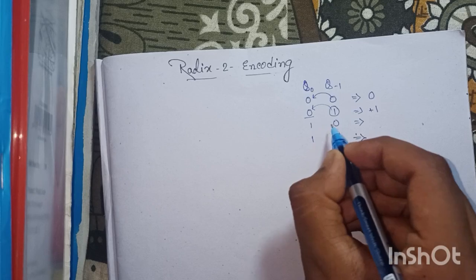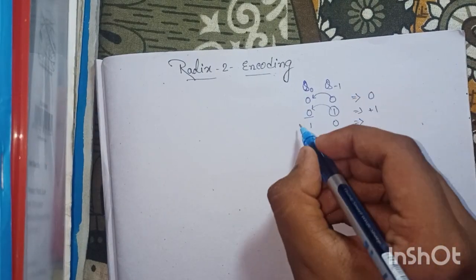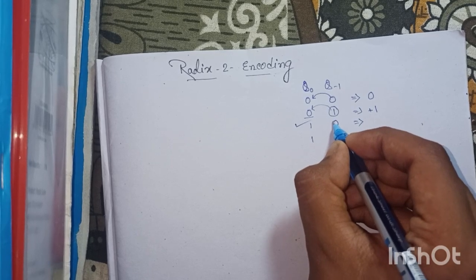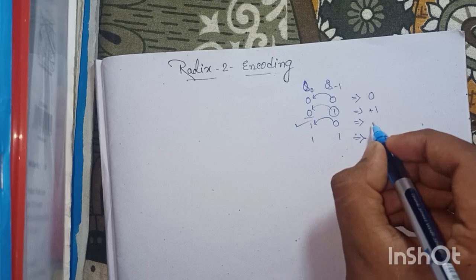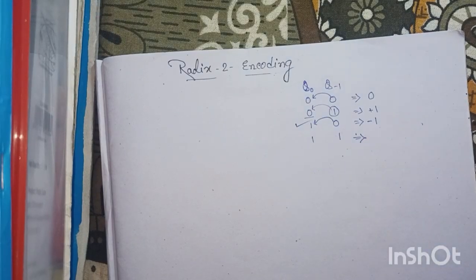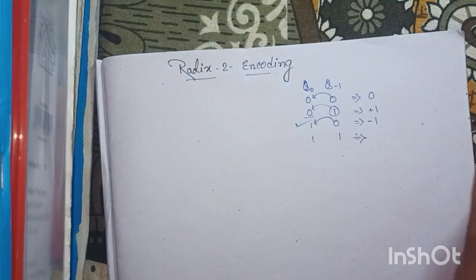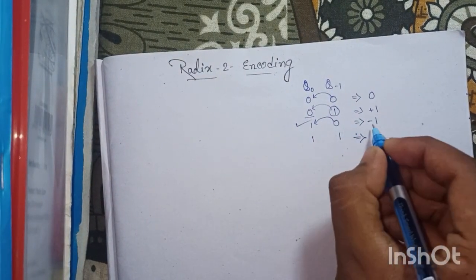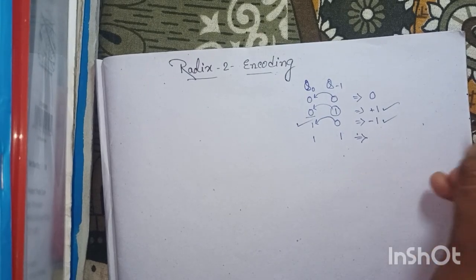So let's come to this point. When we start our journey from 0 and end our journey at 1, that should be minus 1. We're going to talk later in this video about why I'm writing this plus 1 and why I'm writing minus 1.